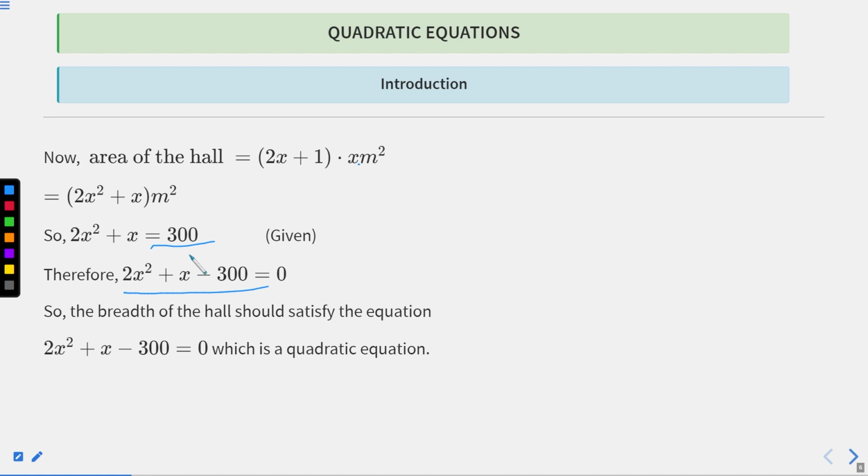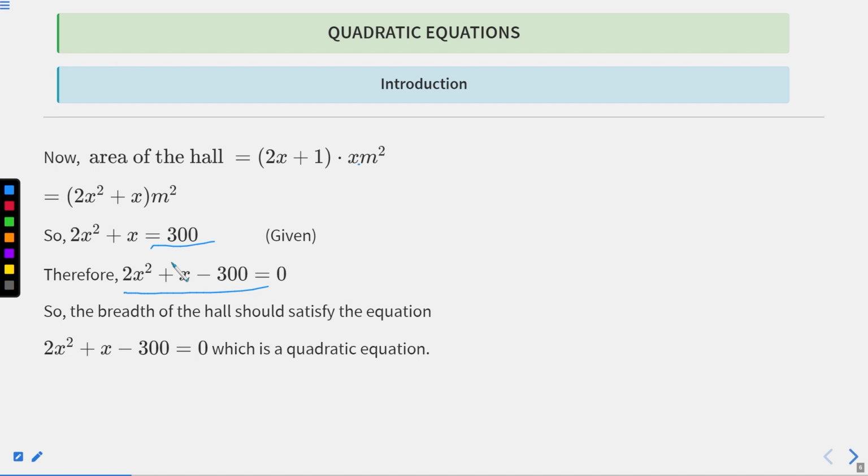Okay, so this expression 2x square plus x minus 300 is a quadratic polynomial, and we know if we have a quadratic polynomial ax square plus bx plus c where a does not equal 0, and if we equate it to 0, then we get a quadratic equation.